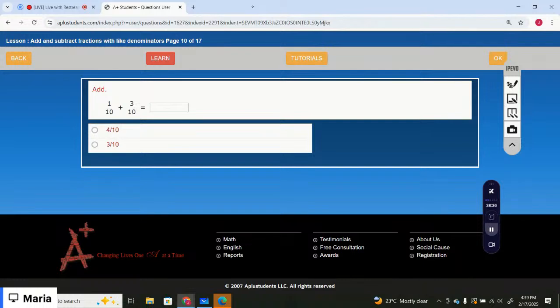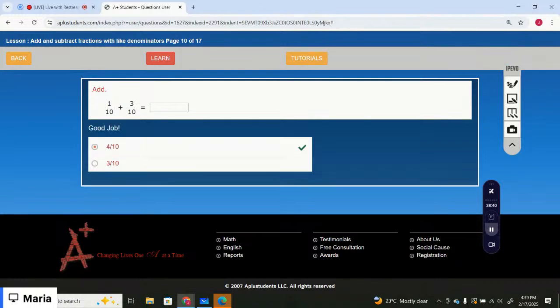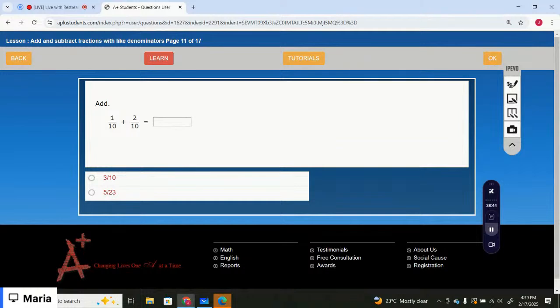That is 4 by 10. Option number 1 is the correct option. 1 over 10 plus 2 over 10, which is the correct option.